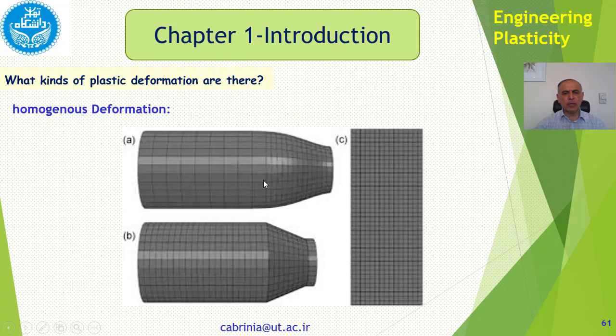It has not been distorted. That's the homogeneous deformation. So the deformation is homogeneous if the grid deformation remains ideally the same. I mean, the rectangle remains a rectangle. But if this rectangle was distorted in any way, we would say that it's not a homogeneous deformation.